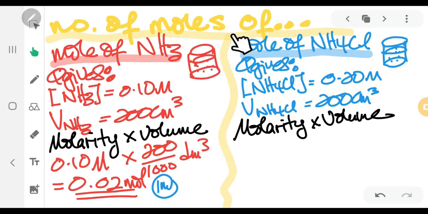Moving on to the other beaker that contains the salts of the weak base, to find the number of moles we're just going to use the same formula, molarity times volume.